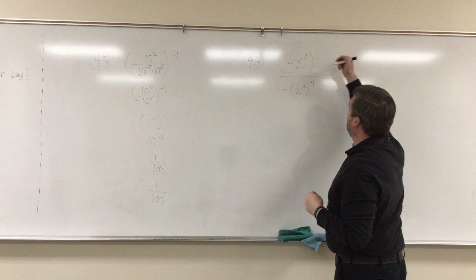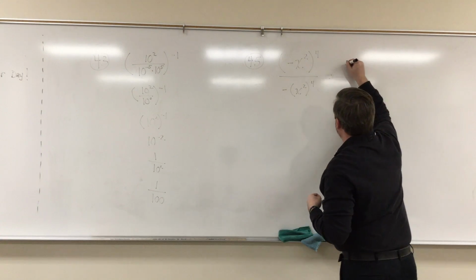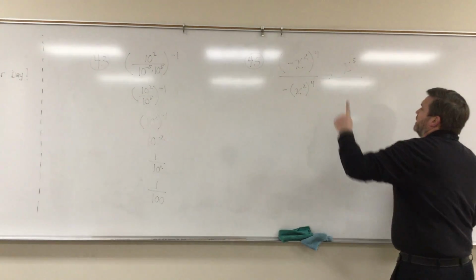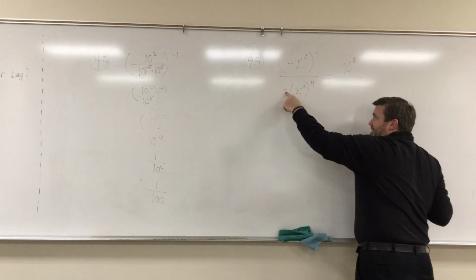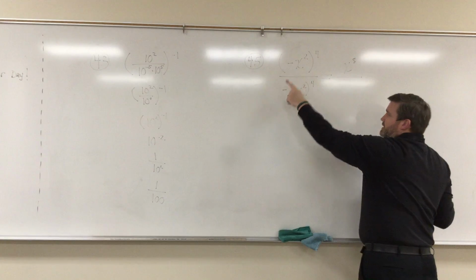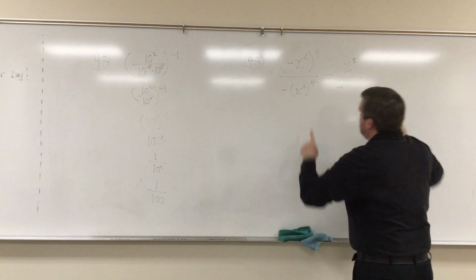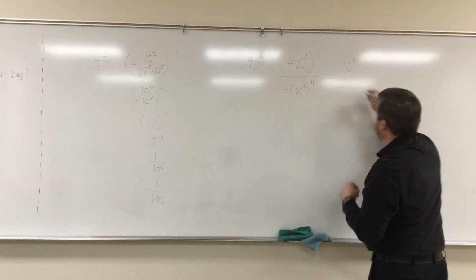And then 2 times 4, we get 8, so that would be x to the 8th. Here, this negative is not inside the parentheses, so it is not part of the base. So this is going to carry over, and then 2 times 4 is 8.